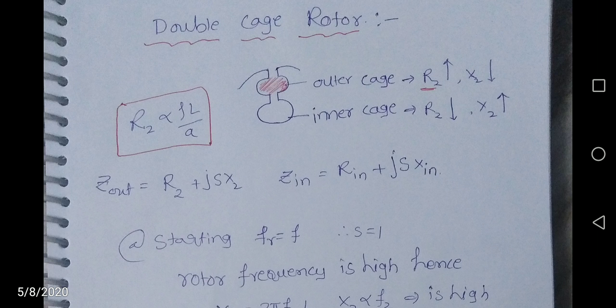In a squirrel cage induction machine there is a problem that the rotor resistance value is very less. Because the rotor resistance value is less, there are three disadvantages.